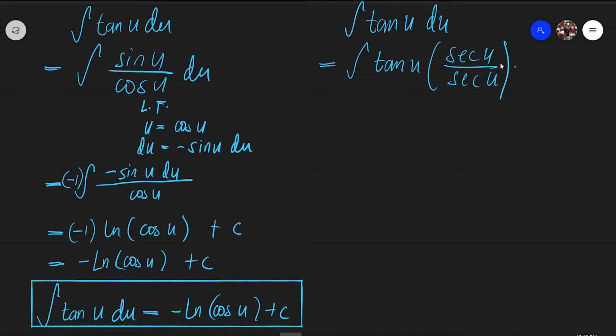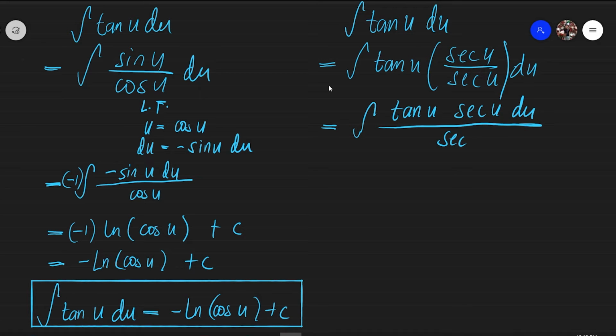So you can do this also. If I were to write this, this is now the integral of tangent u secant u du all over secant u.